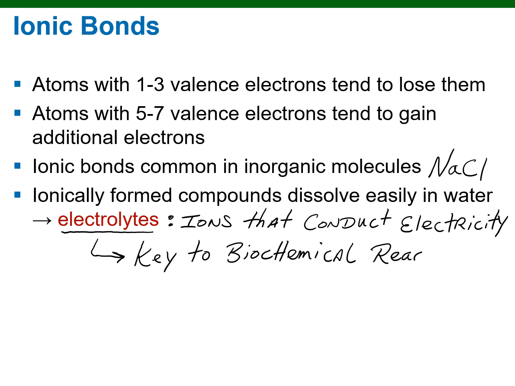Some examples of electrolytes in living systems are sodium. So when sodium chloride dissolves, like table salt dissolves, it will separate into Na plus and then Cl minus. Also, other common electrolytes are potassium, which is represented by the letter K with a +1 charge.